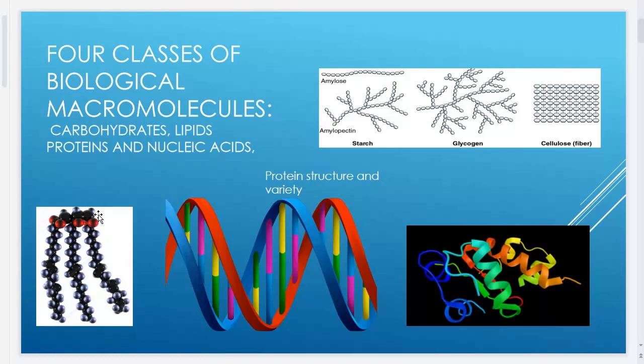Lipids are actually characterized by their long carbon-hydrogen chains and also the fact that lipids are not soluble in water. A good example of a common lipid is your typical cooking oil, which famously does not mix with water.